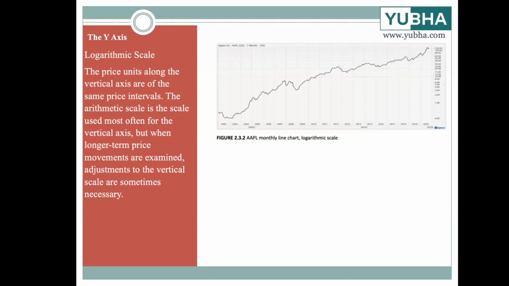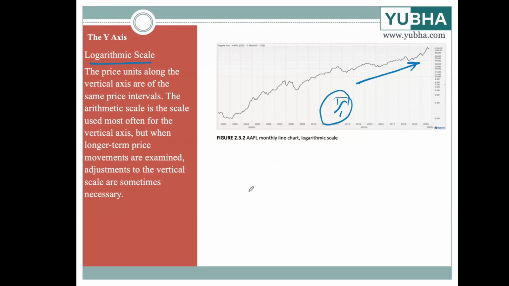But there are also times where we need to look at something called a log scale. Now, log scale, what it does is that it actually adjusts the prices in a manner that you see the same amount of movement for each percentage move on the prices.